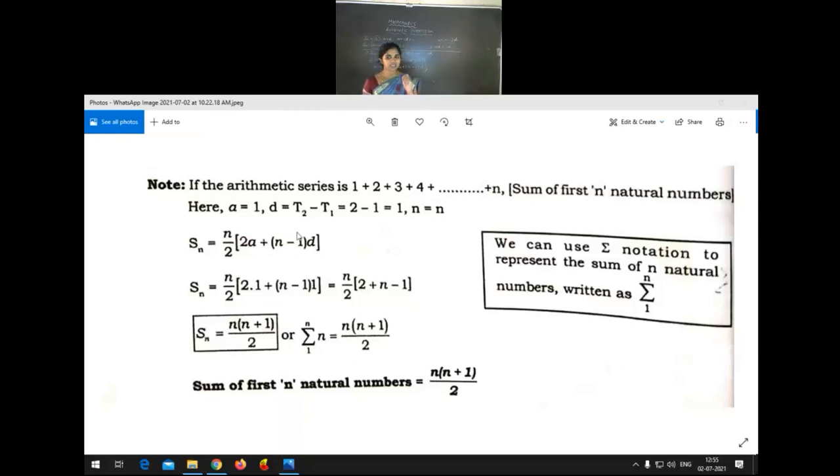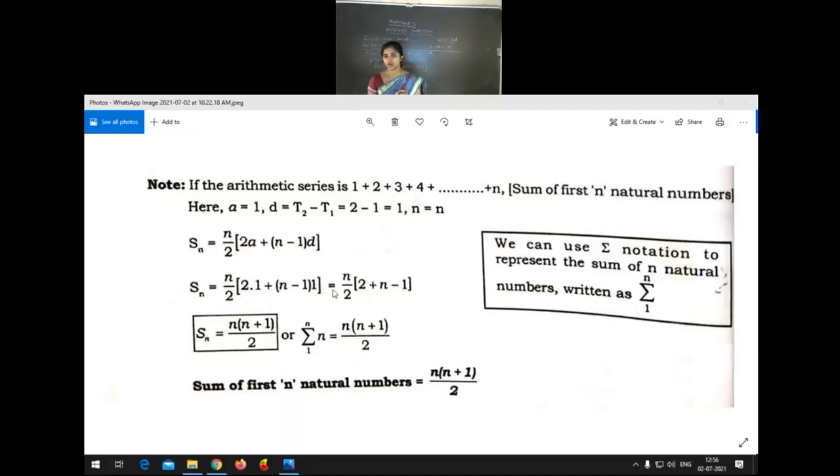Let us take the formula. Now we got one formula, no? So use that formula. Sn is equal to n by 2 into 2a plus n minus 1 into d. Then substitute the values. n by 2 into 2 into a value, which is 1, plus n minus 1 into d value, which is 1 only.